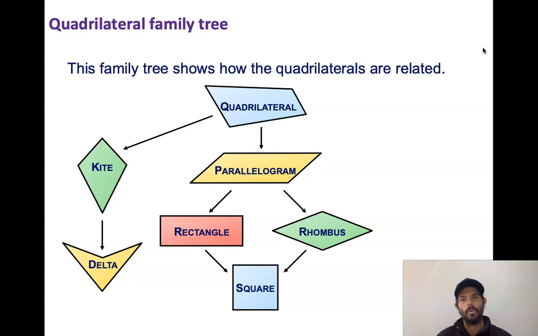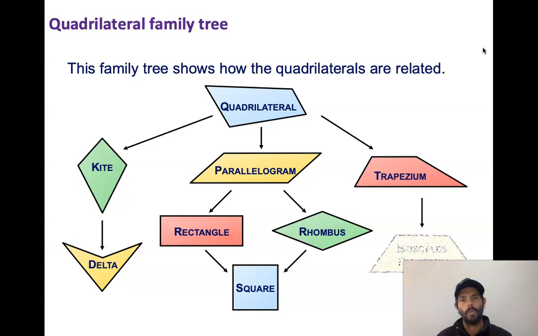Opposite sides are equal, opposite sides are parallel. So they share very similar characteristics. And then you have the quadrilateral being related to the trapezium and the isosceles trapezium. And just a reminder that the isosceles trapezium is the only one of those that has symmetry.